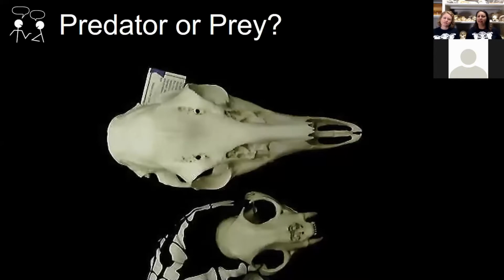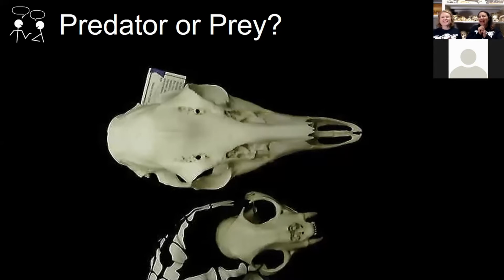What do you think? If we look back at our skull that had the eyes in the front, what does that make it? Oh, a prey animal. So that's the one that's going to be, or sorry, predator.